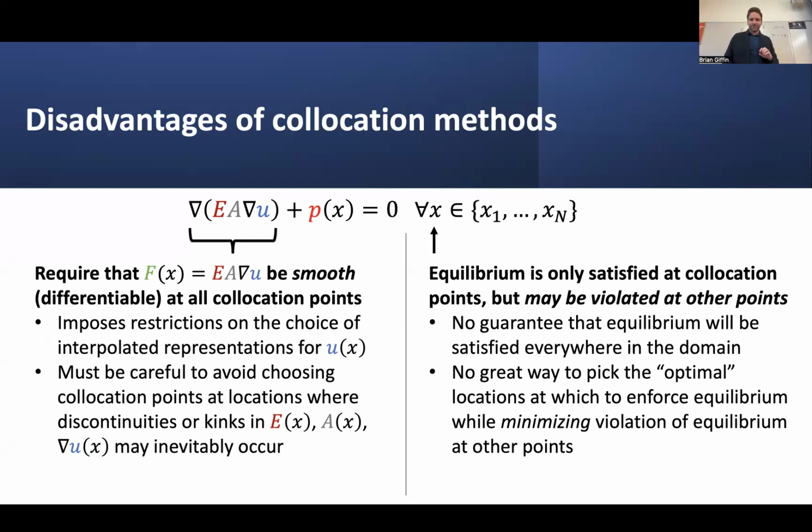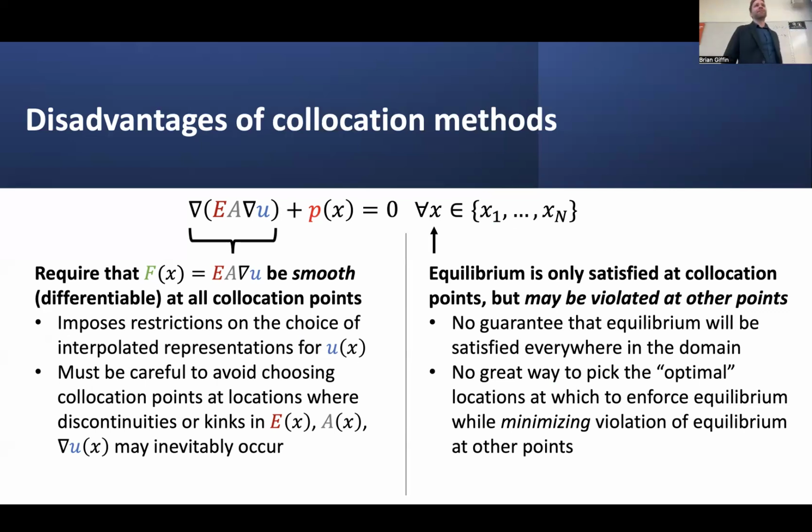The other issue is that if we're picking a discrete number of these collocation points, or discrete points where we're going to choose to satisfy equilibrium, what kind of biases does our choice of particular points introduce in assessing whether or not equilibrium is satisfied?